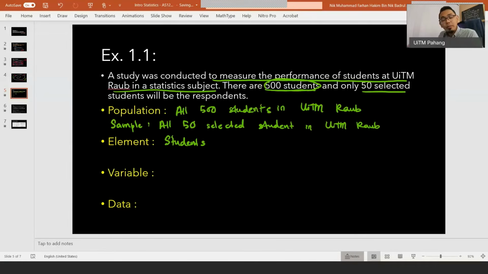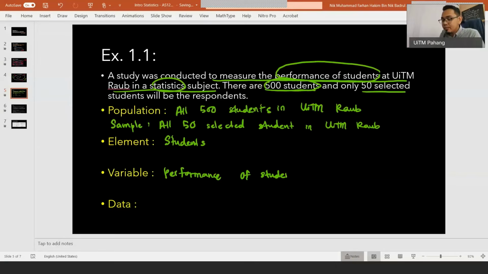What about the variable? Of course, the performance of students in statistics subject. Performance, ini yang kita nak kaji, of students in statistics subject.